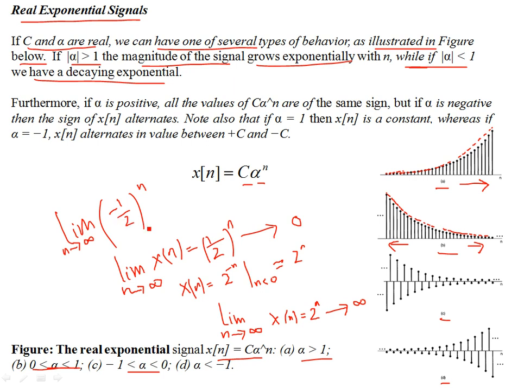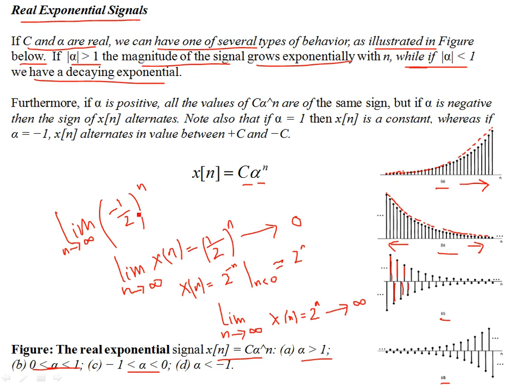First of all, you will see that the signs of successive samples are going to alternate. Why? Because minus 1 over 2 whole squared is 1 by 4, but minus 1 by 2 cubed is minus 1 over 8. So there will be fluctuations in the samples because of the sign.